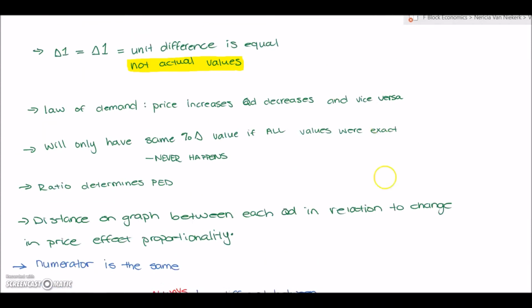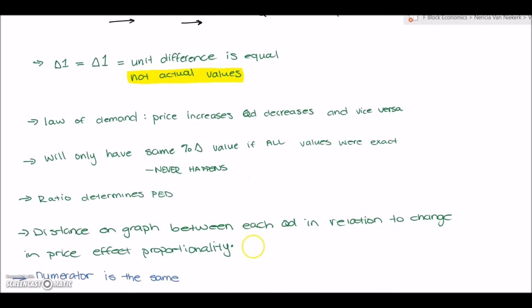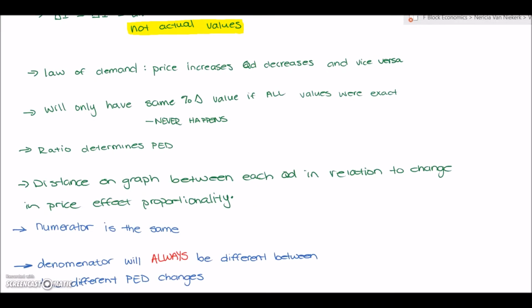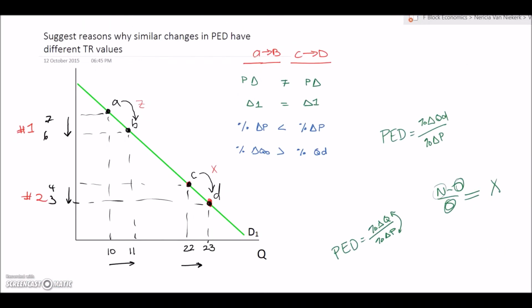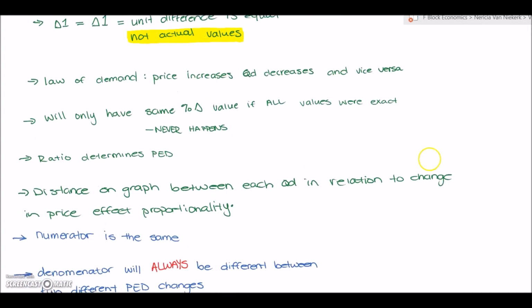When doing that, we will see that there is going to be a change of -1 for the numerator in both changes. The denominator, on the other hand, will always be different between the two different PED changes because these values that are given are never ever the same when comparing two different values together.